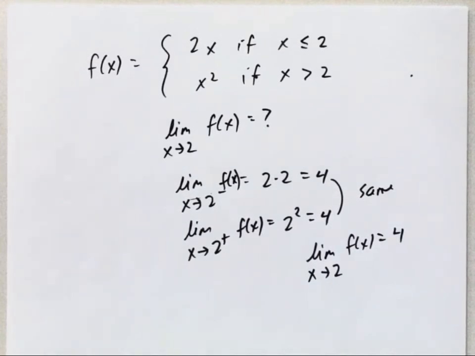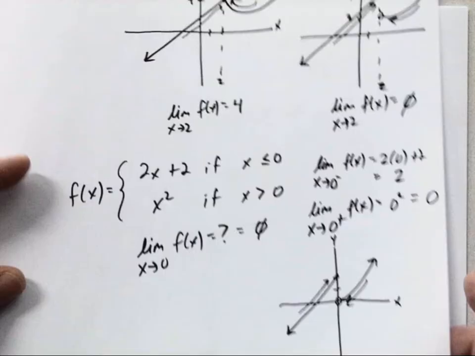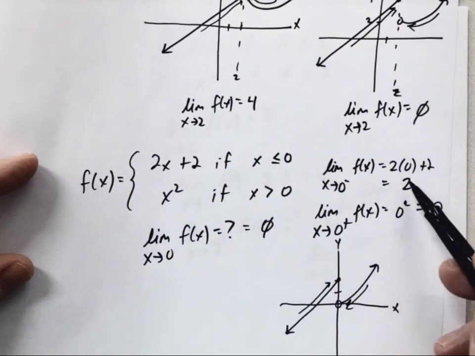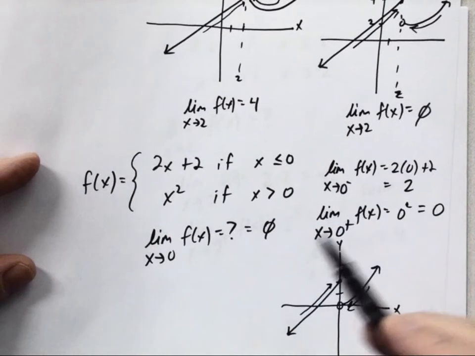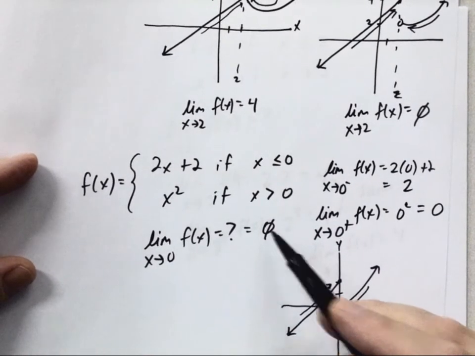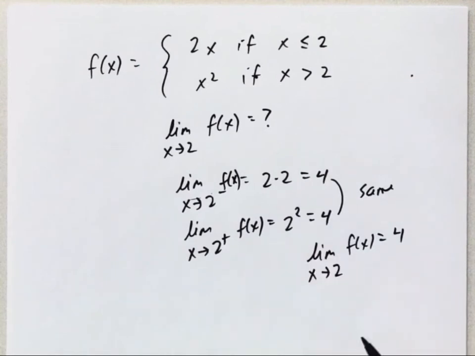In other words, in the first example, when you did your high and low limits, they were not the same numbers. And this is what the picture looks like for this one.